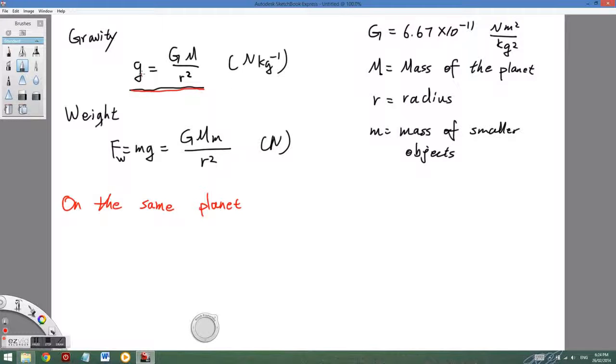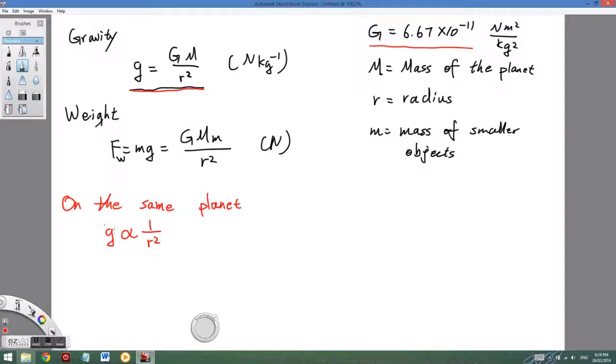On the same planet, the mass will be unchanged. The universal gravitational constant will also be unchanged. It will always be this number in the universe. So what we can say is, on the same planet, the gravity is inversely proportional to the radius square.